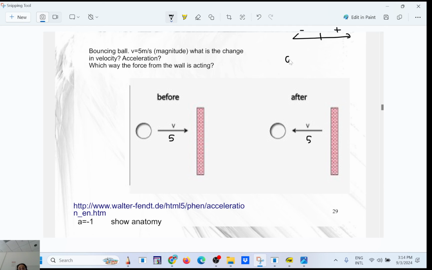They want you to find the acceleration, which is, by definition, the final velocity, which is a vector, minus the initial velocity over the time elapsed, right? So we have to be very careful with the direction.